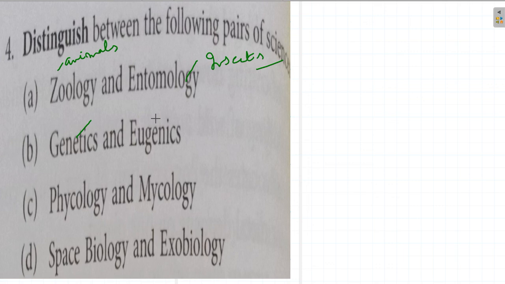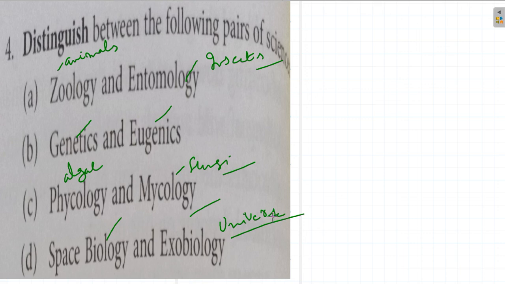I have already told you. Phycology, study of algae, and mycology, study of fungi. This is the difference. Space biology, study related to the survival problems of things that are living in outer space. And exobiology is a newer field of science, and deals with the study of life away in the universe. Definitions you can do from the book and discussed earlier.